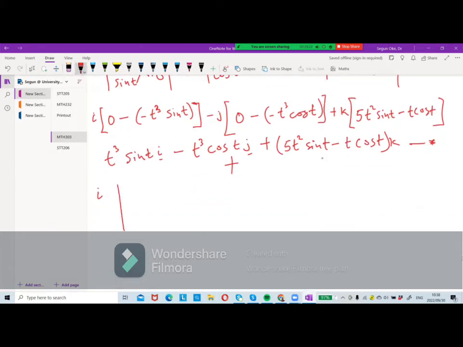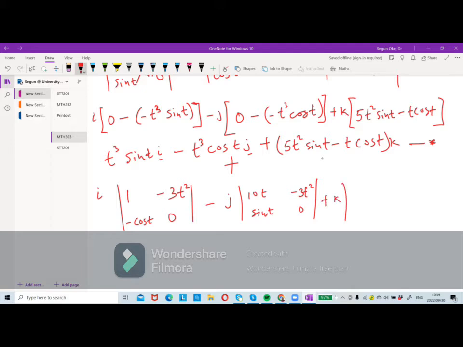1, 0, minus 3t squared, minus cos t. Then negative j, you have 10t minus t squared sine t, 0.